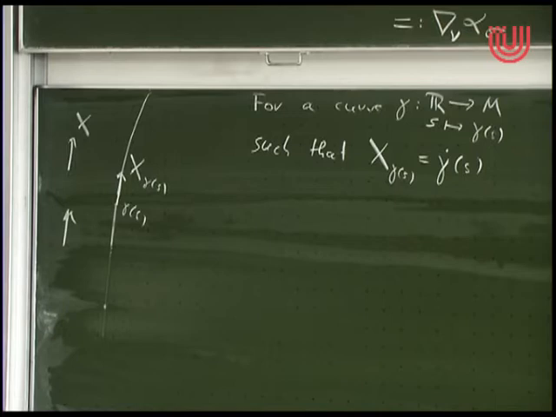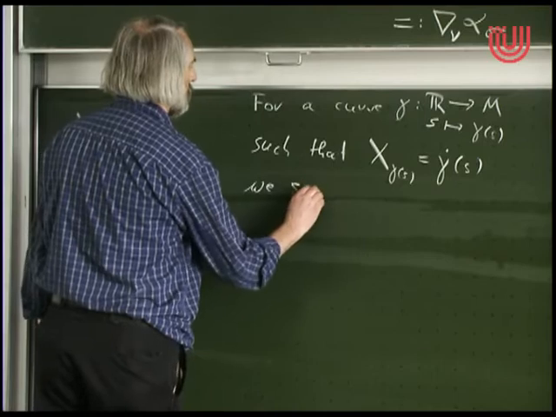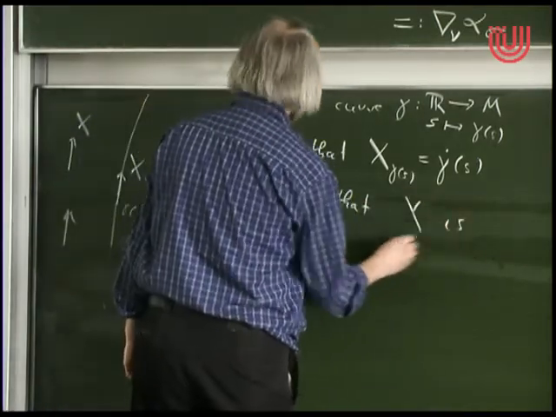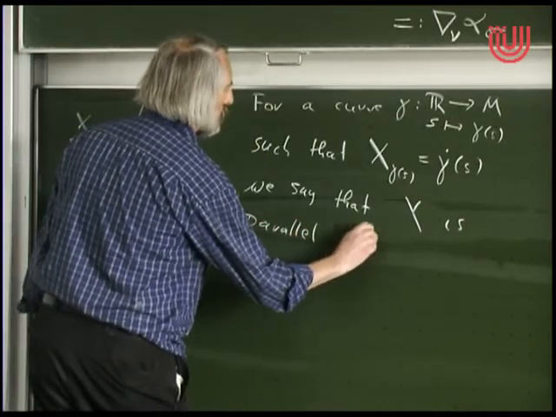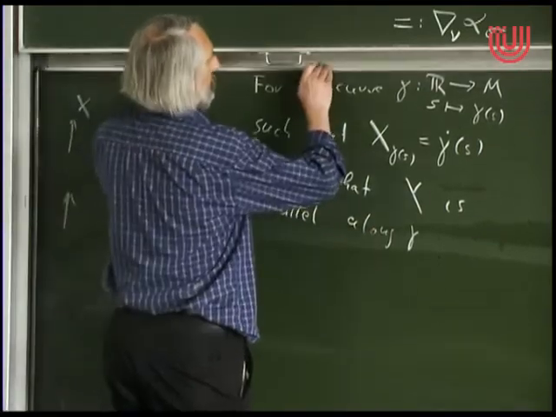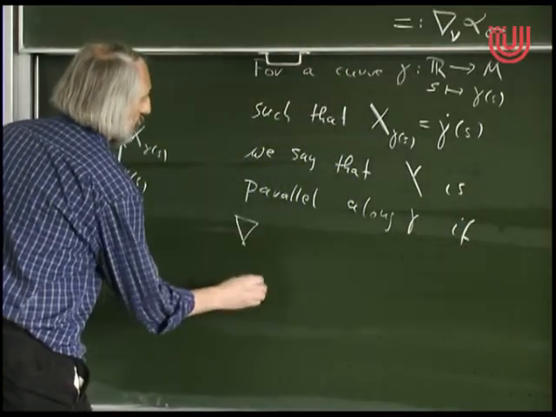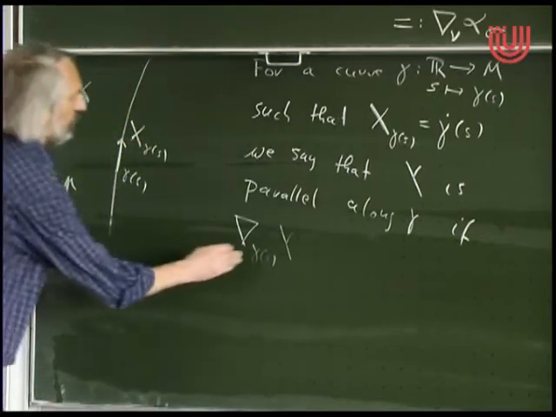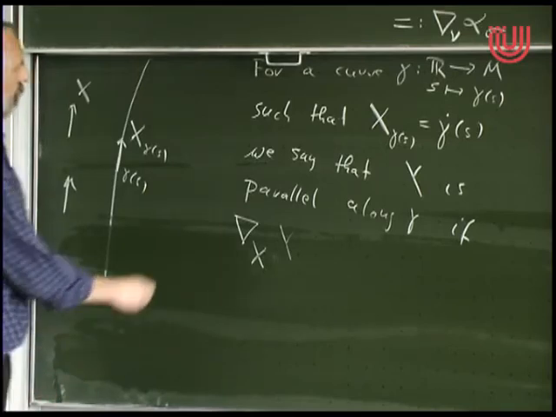And we say that y is parallel along gamma, where y is another vector field, if the covariant derivative of y in the direction of x gives 0 along the curve.